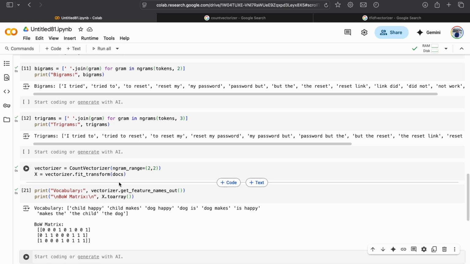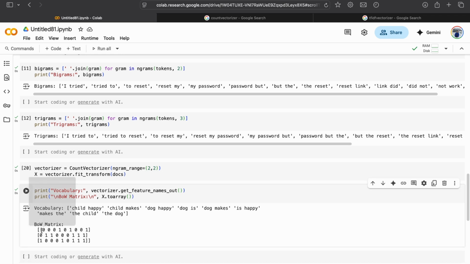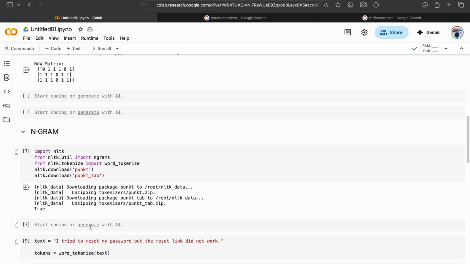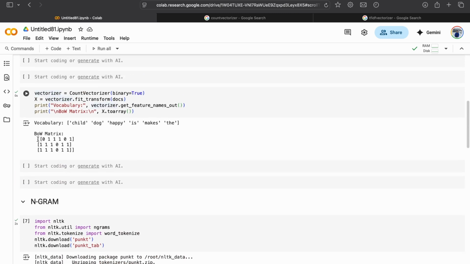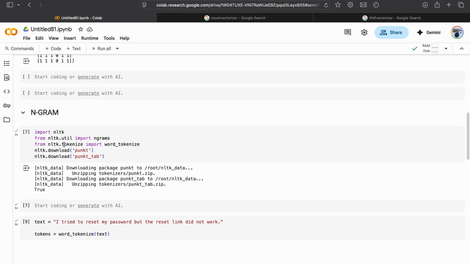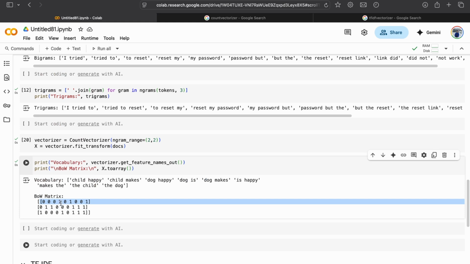Now you see, when we are using the bigram, the length of the vector is increasing. The size of the vector is increasing. If we are using the unigram, we had a length of 6. Now it's 9.